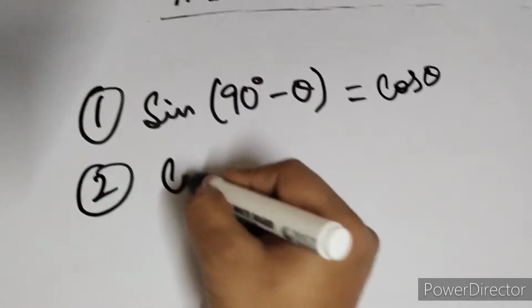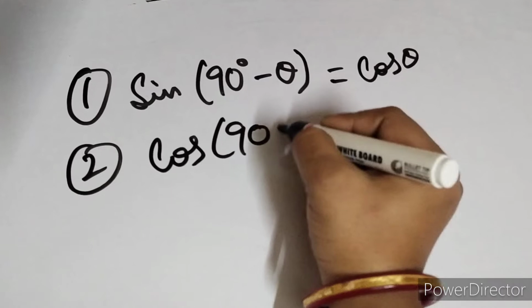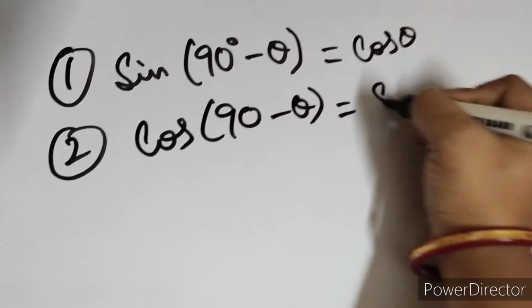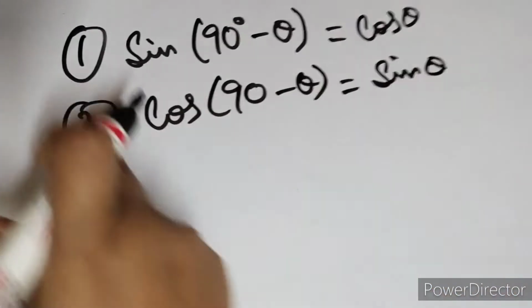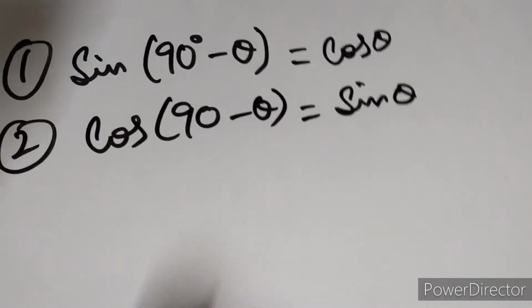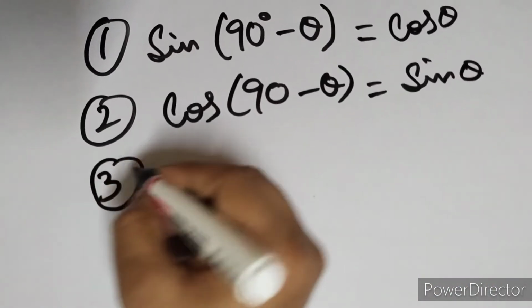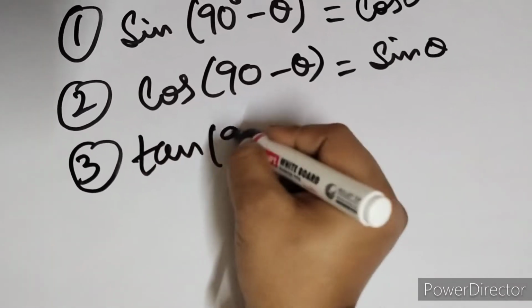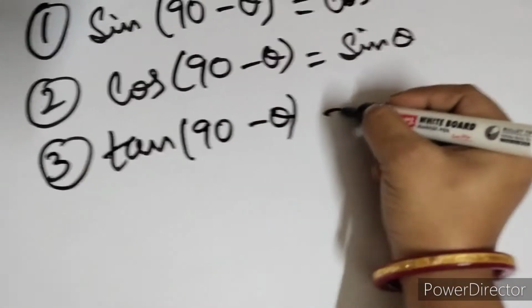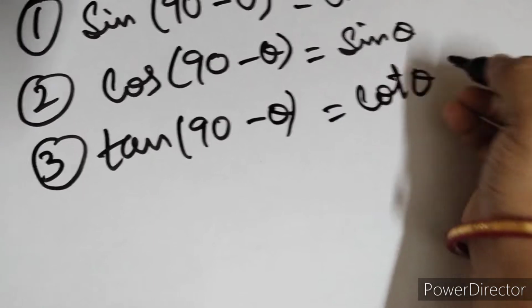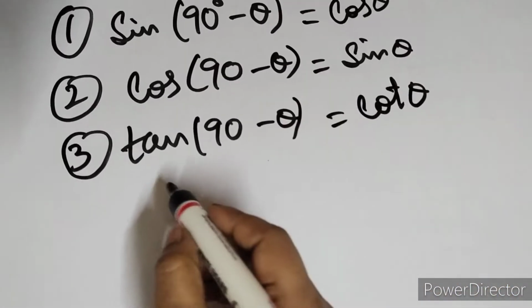Then cos of 90 minus theta becomes sine theta. See, sine 90 minus theta is cos theta, cos 90 minus theta is sine theta. Tan 90 minus theta is cot theta and vice versa. Okay, cot 90 minus theta is also tan theta.